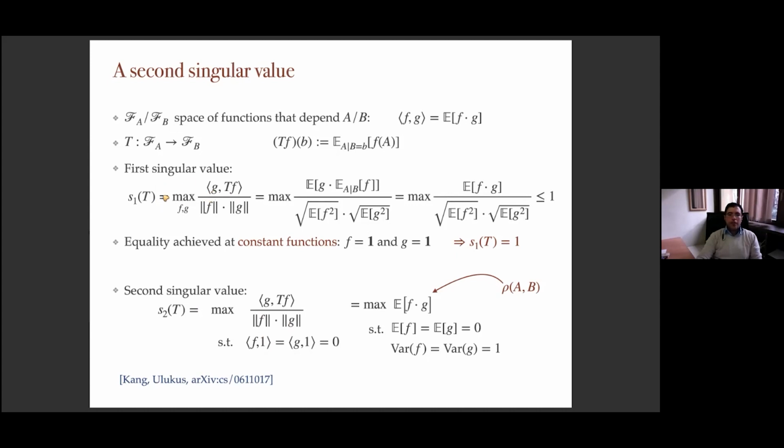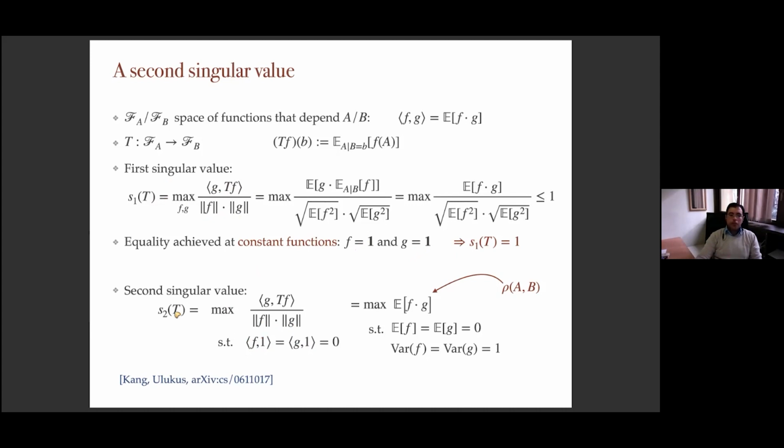So the first singular value, which is essentially the operator norm of T, comes from the sandwich of T with two vectors and then normalizing them. For the second singular value, once you have the vectors corresponding to the first singular value, then you do the same optimization but restricted to the set of vectors that are orthogonal to the first singular vectors, and you can repeat this.